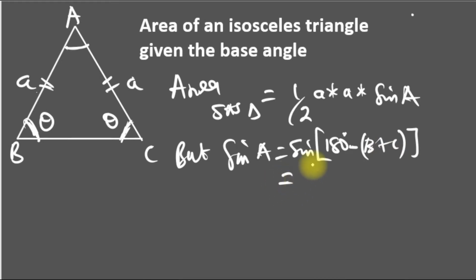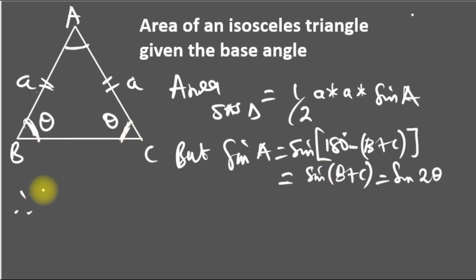And from trigonometry, this is in the second quadrant, so this is the same thing as sine (B plus C). So sine A is the same thing as sine (B plus C). And we know that B plus C is theta, the base angles, which is sine 2 theta, because what is here is theta.